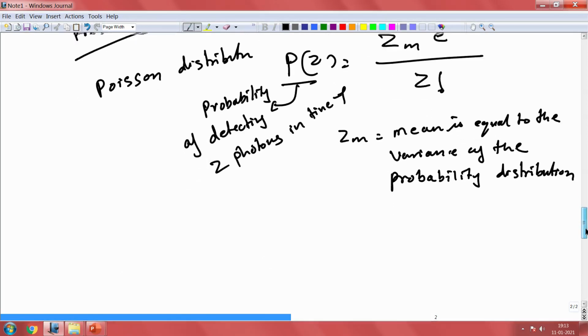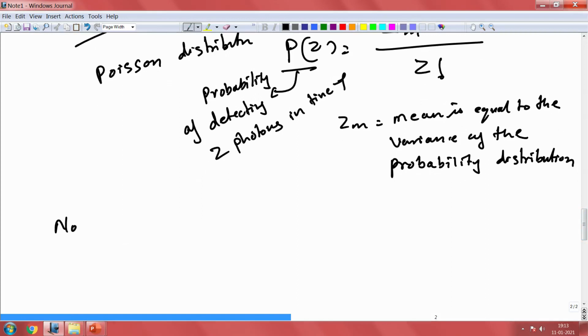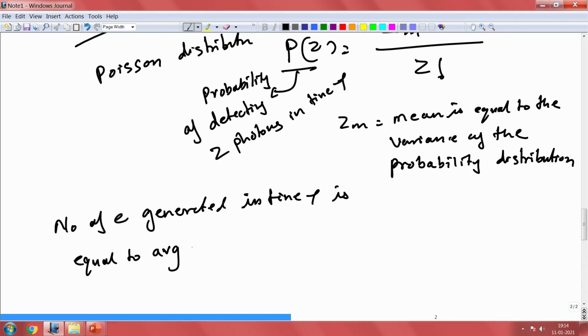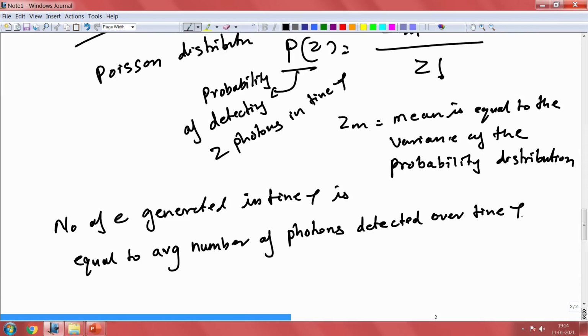So the number of photons detected, the number of electrons generated in time tau is equal to the average number of photons detected over time tau, and that is given by this one, power tau divided by h nu.